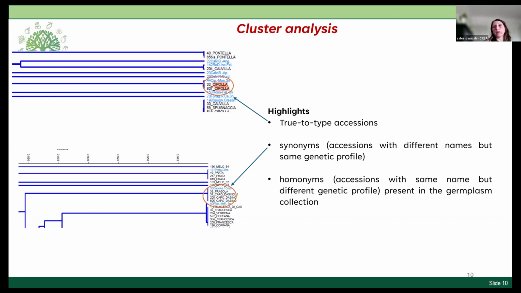On the other way around, we can also detect varieties with the same name that go in different clusters, so-called homonyms.